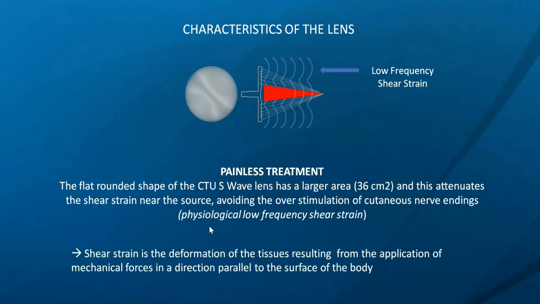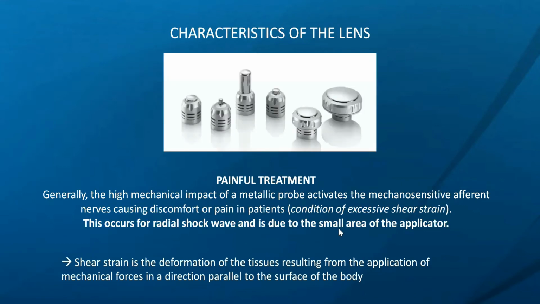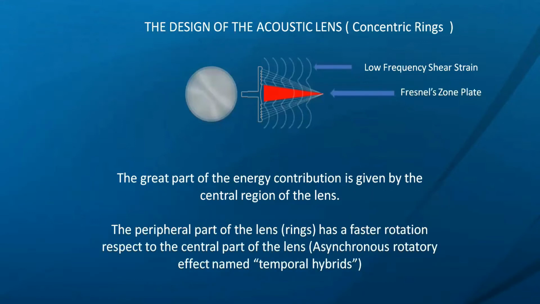So we can see that the CTU shock waves deliver, in the mechanical part of the impulse of the lens, a physiological low frequency shear strain, differently from the different dimensions of the lens of the radial shock waves that are known to give discomfort and pain to the patients.